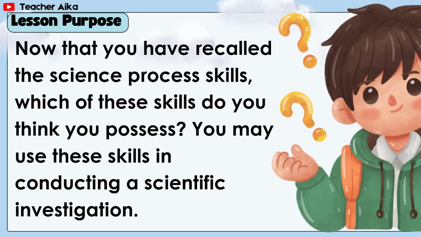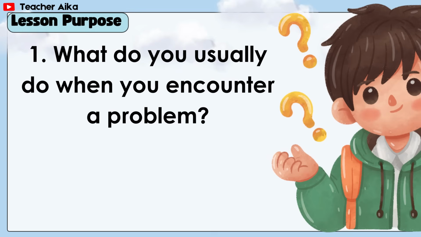Lesson purpose. Now that you have recalled the science process skills, which of these skills do you think you possess? You may use these skills in conducting a scientific investigation. Questions. Number 1. What do you usually do when you encounter a problem?